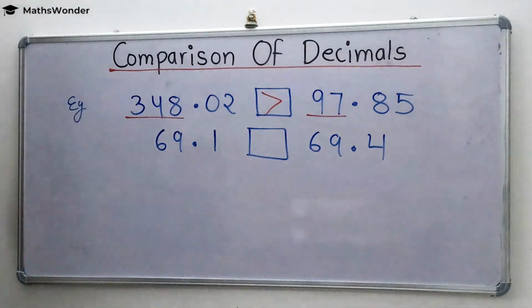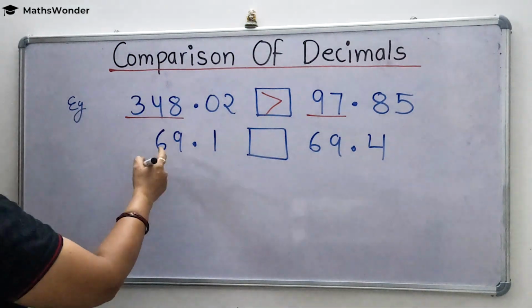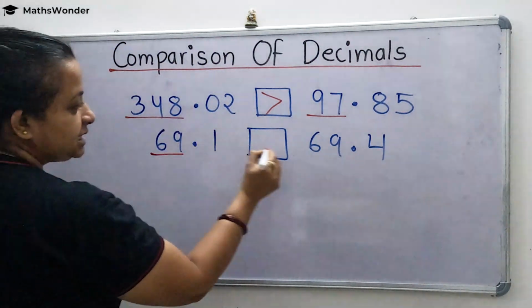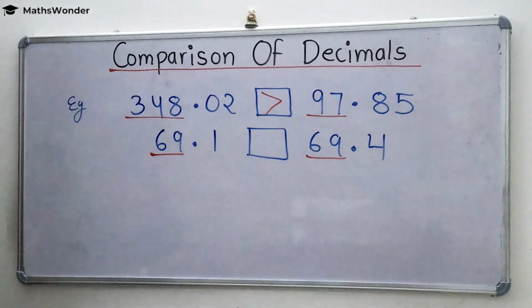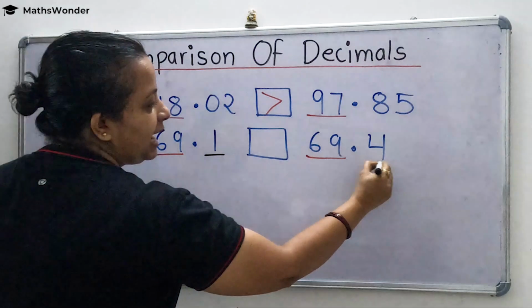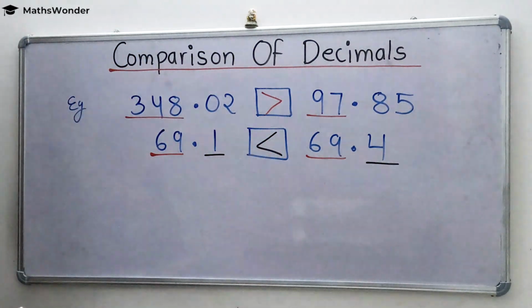Second, if the whole parts are equal, the decimal with the larger digit in the tenths place is bigger. Now check: 69 and 69, the whole part is equal, so you will move to the decimal part. The decimal part is 1 and 4. Definitely 4 is greater than 1, so this is the greater one. Understood?